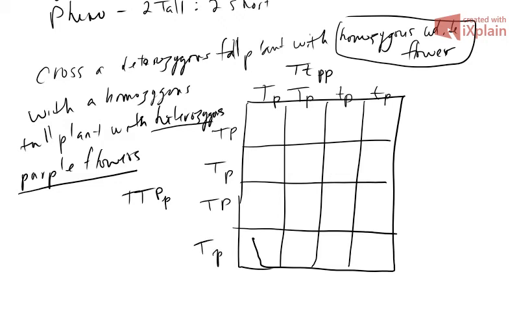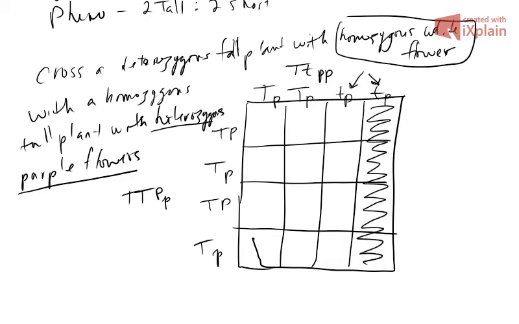Now, you may notice a couple things here. These are all the possible combinations that you can have. But a couple of these are the exact same. These two columns are the same, so we can cross one of them off.